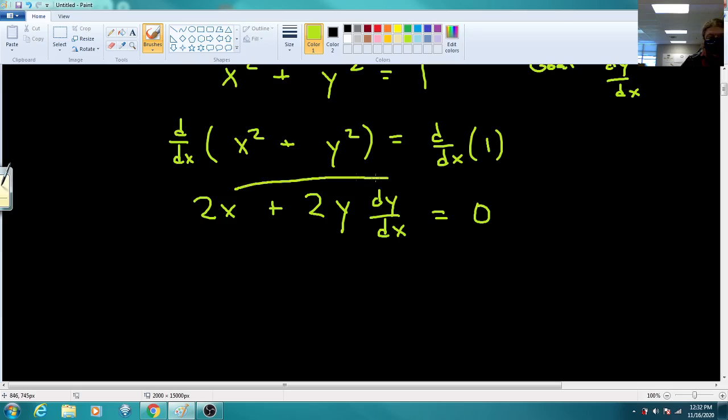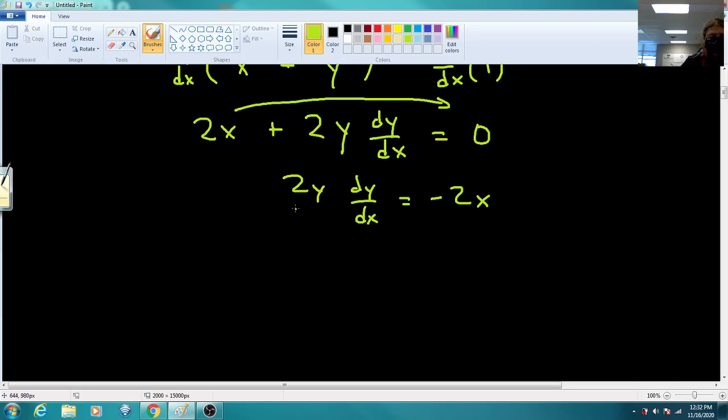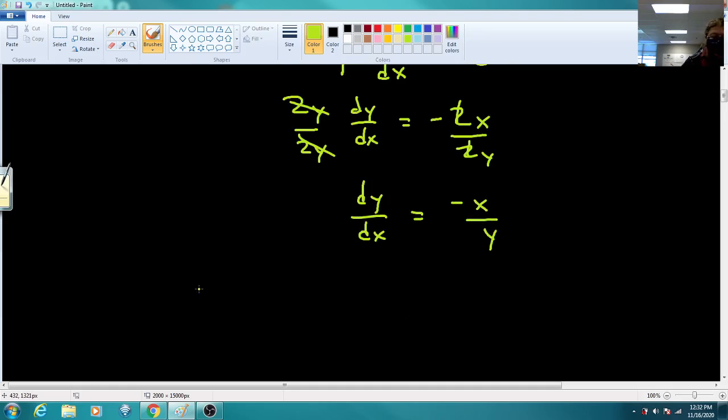So we'll move the 2x that doesn't have the dy dx on it across. We divide by 2y, and we get dy dx equals negative x over y. So here's the equation for our derivative. Now we just have to evaluate it at the point we're curious about.